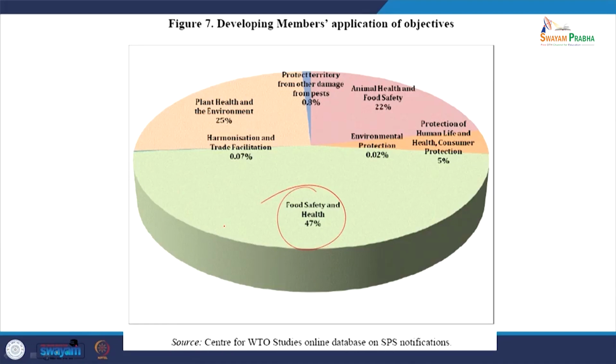New Delhi. So, developing members' application of objectives: 47% towards food safety and health, then around 22% or 25% on plant health and the environment, and 22% on animal health and food safety.